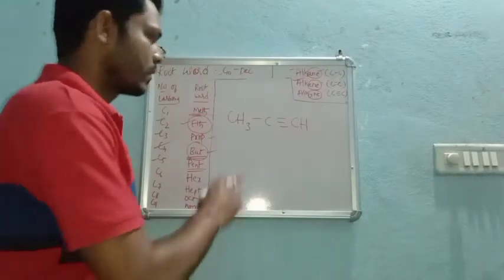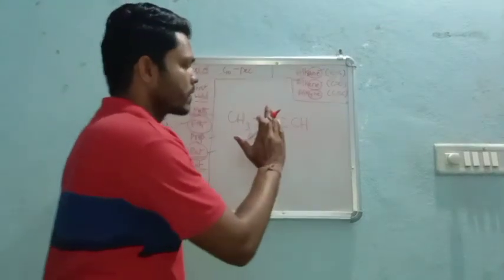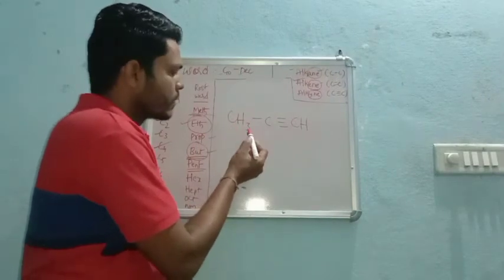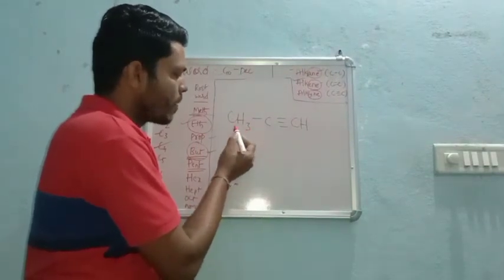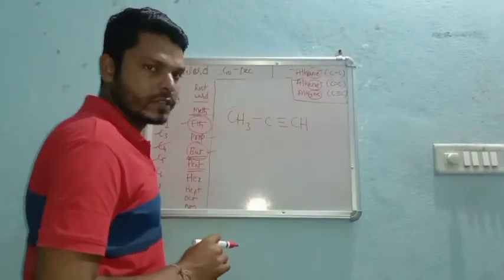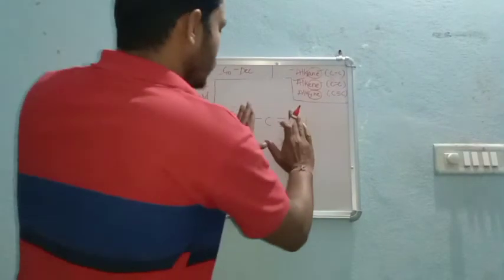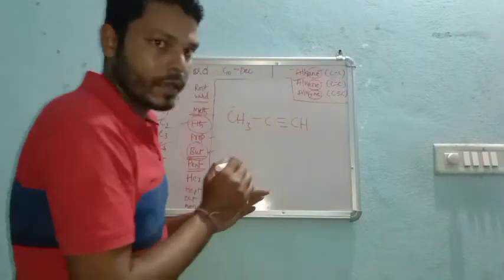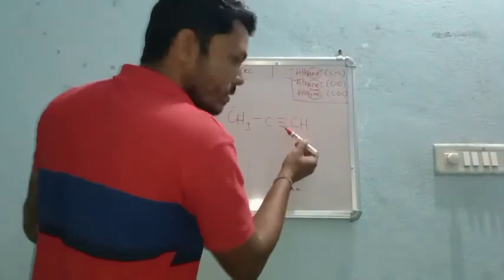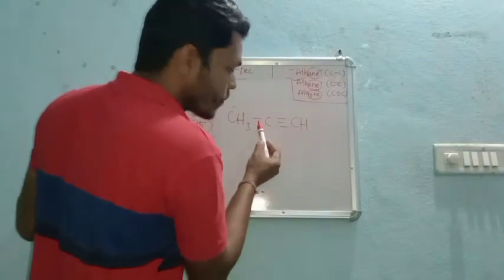Now check first whether this given compound is correct or not. With respect to the first carbon atom, 3 bonds are in the form of hydrogen and here one more bond, that means this carbon valency is satisfied. Now coming to the middle carbon atom, there are 3 bonds here, 3 plus 1, 4.